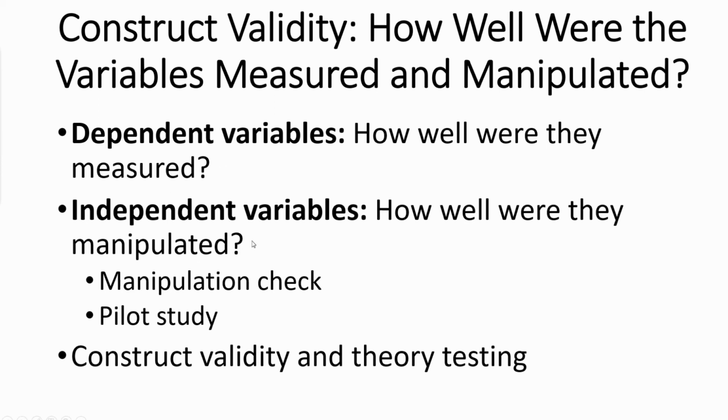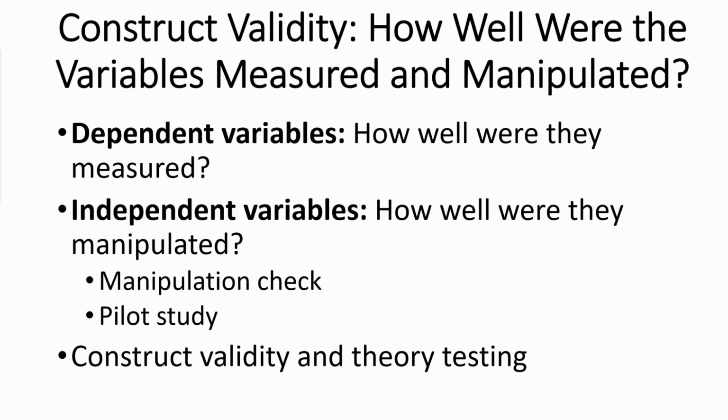But for our independent variables, these are the ones that are being manipulated. So now we want to ask, how well were they manipulated? So you want to know, did they actually do a good job of adjusting or manipulating these particular levels? This is kind of related to operationalizing the thing that we're looking at.